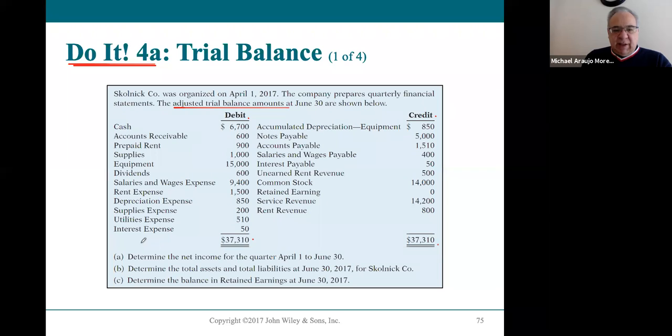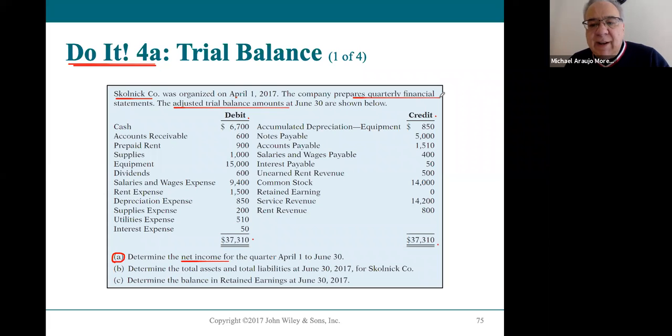And then this particular exercise says determine the net income. I would have liked to just say do an income statement, because that's the proper way to do it. Now, this is interesting because this particular company was organized in April, and it only prepares quarterly statements.